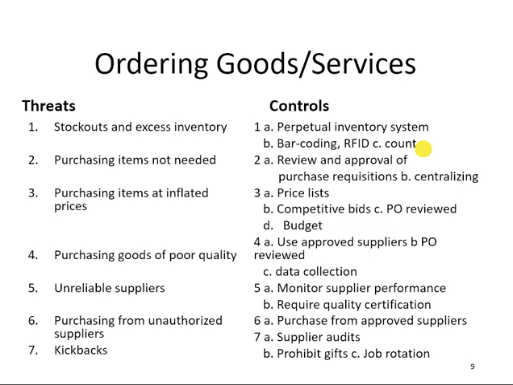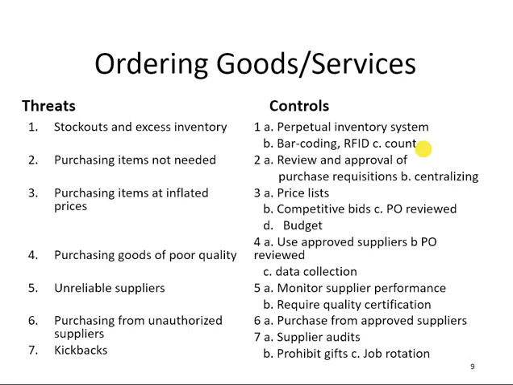And of course, we're also going to have a budget. The budget will also help us mitigate inflated prices for purchase orders, because someone is going to be responsible for the budget. If you are over budget, then you're going to take responsibility.